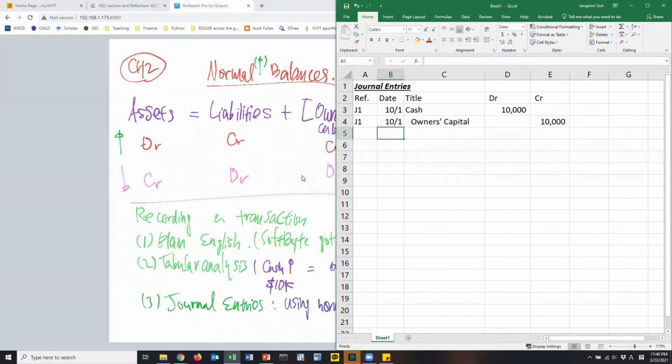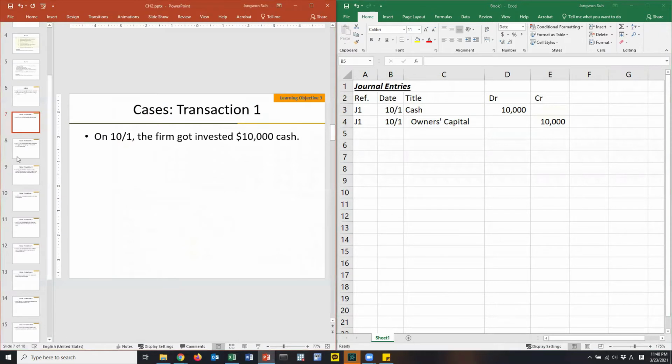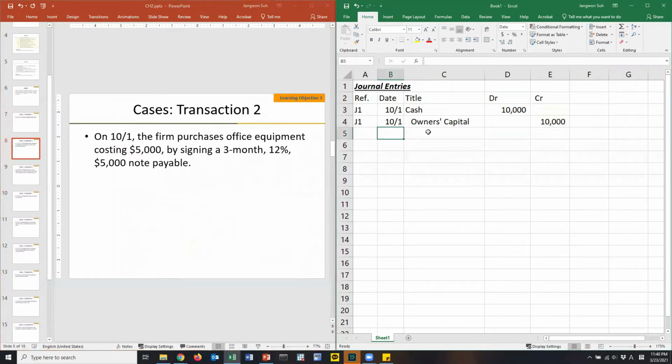All right, let's keep doing it. We are practicing journal entries. J2, the same date. The firm purchases office equipment costing 5,000 by signing a 3-month, 12%, 5,000 notes payable. This 12% means interest, but for now, let's forget about the interest part.